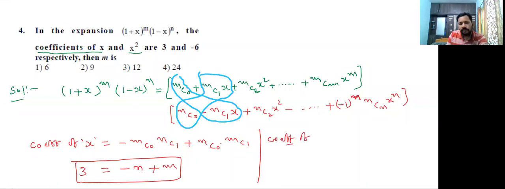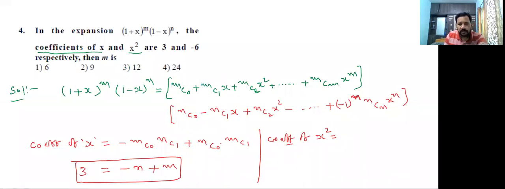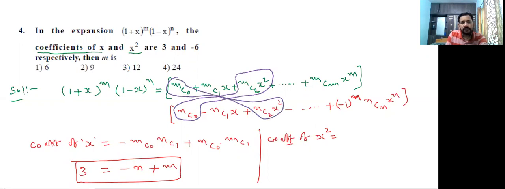Coefficient of x square, which terms are possible, we can identify. See, x square terms, where is it possible? First, this is one term, and this is also one term, and multiply these two, you will get an x square term or not. In total, how many are there? 3.